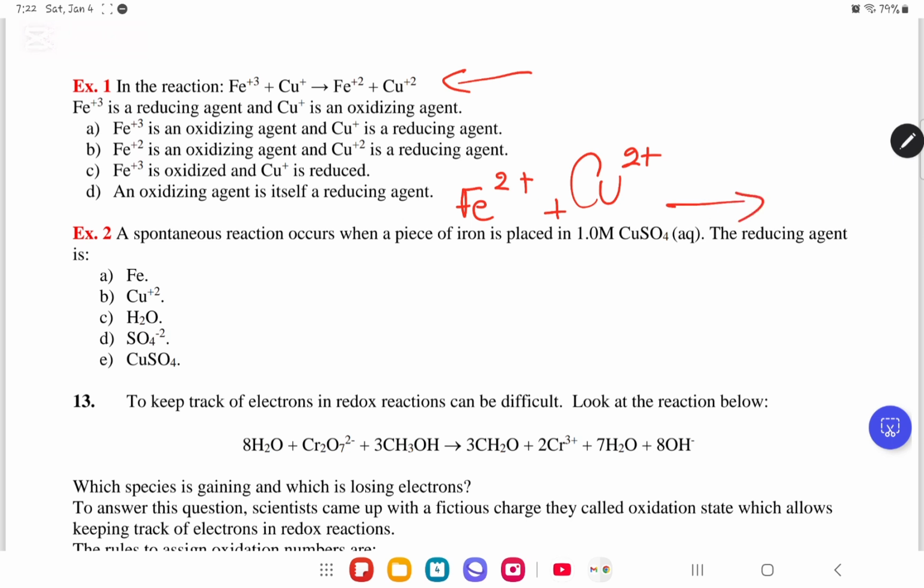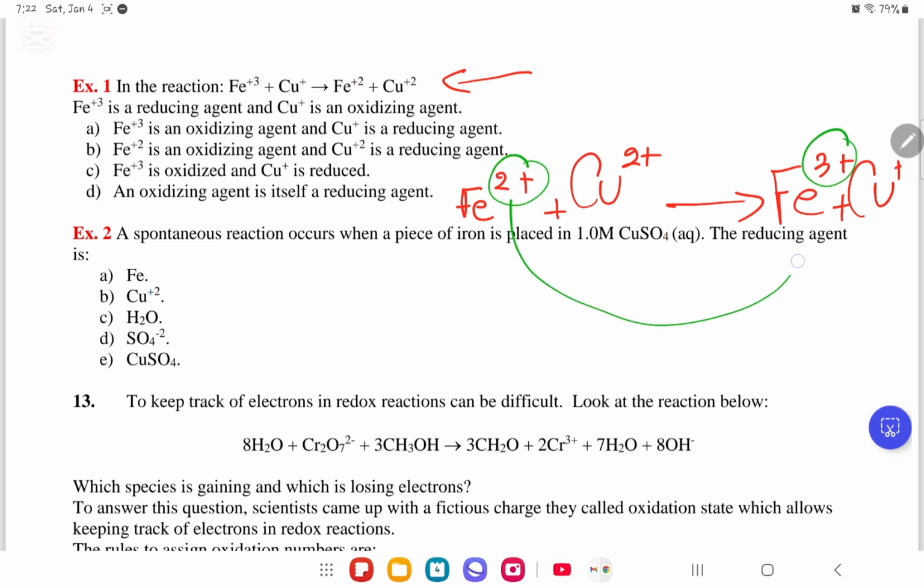Then after, it probably became Fe3+ in addition to Cu+. So what's happening here is that Fe is losing an electron, losing a negative charge, which means the positive charge is increasing.